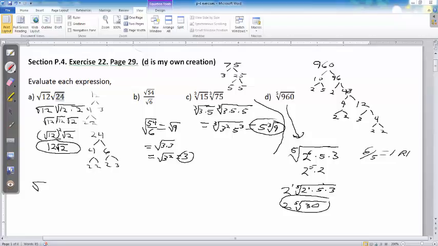So the roots would be, square root of 12 would be 2 squared times 3. And 24 would be 2 to the 3rd times 3. Multiply them together, you get the square root of 2 to the 5th times 3 squared.